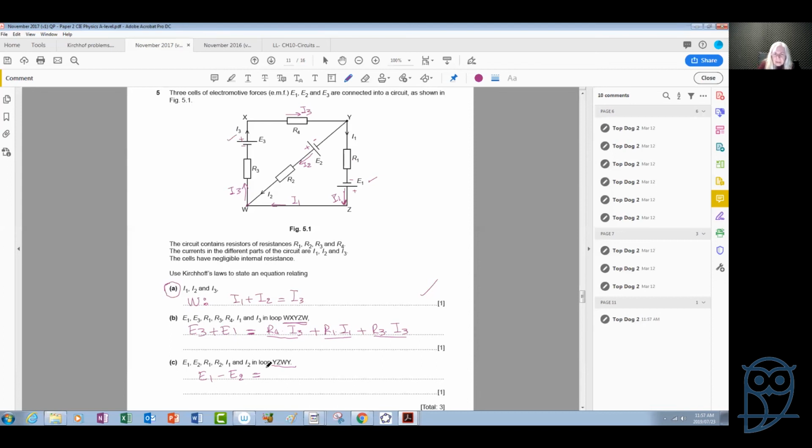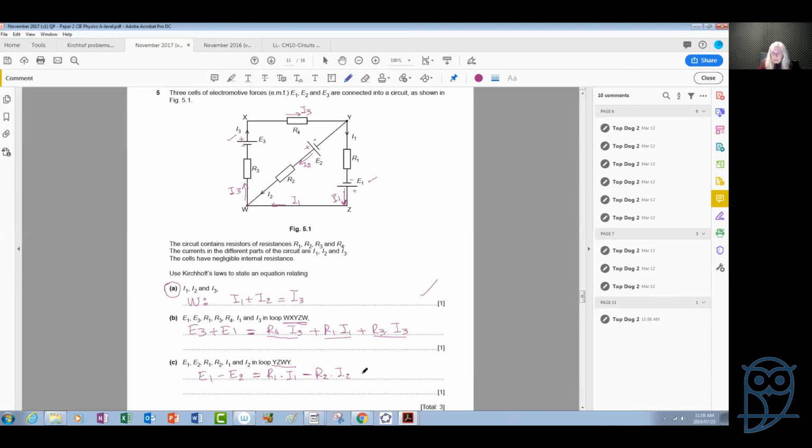So R1 times I1, and as we move along and we follow this direction, clockwise direction, what we meet now is R2, but look, the current I2 is in the opposite direction to the one we follow. So we have to subtract it. So this will be minus R2 times I2. Okay, and that's it, nothing else.